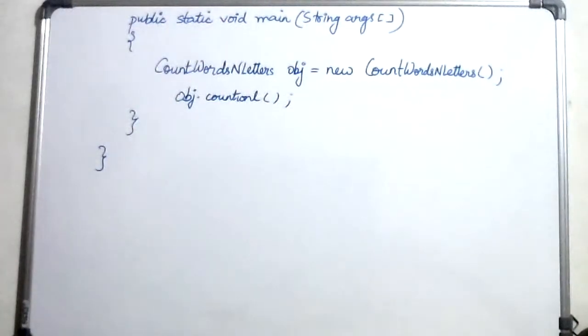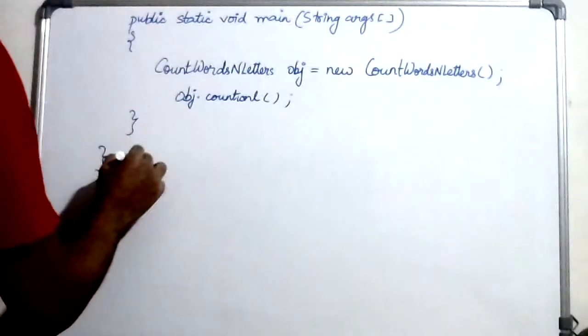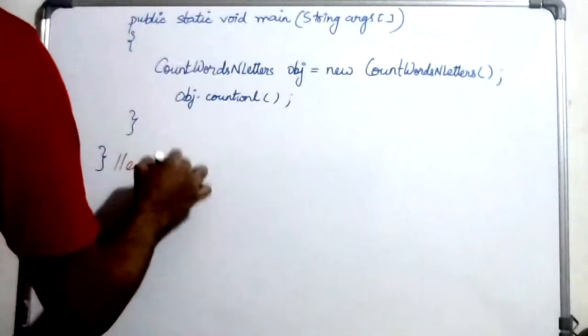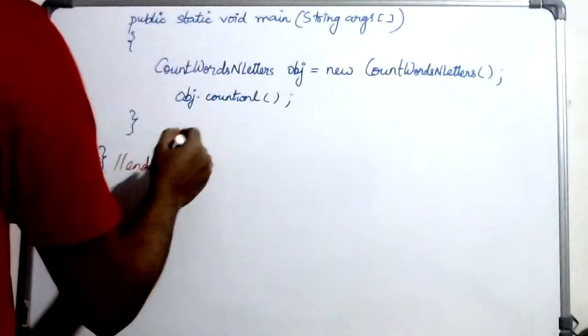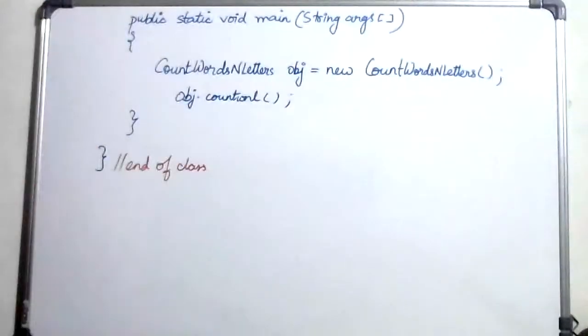So this is the end of our class count words and letters. So our main function is pretty simple and short, just two lines of code.